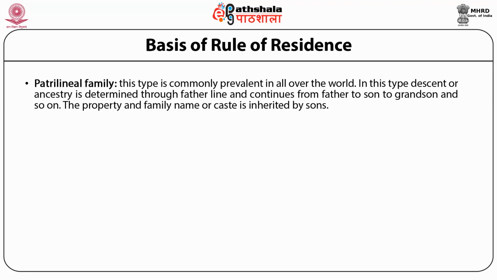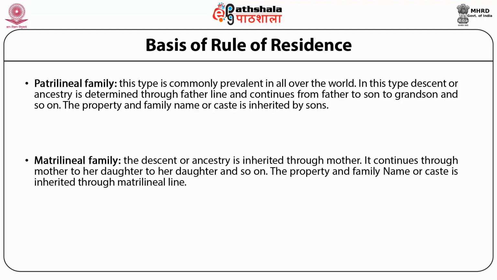In this type, descent or ancestry is determined through the father's line and continues from father to son to grandson and so on. The property and family name or caste is inherited by sons. For example, Jats of Haryana.